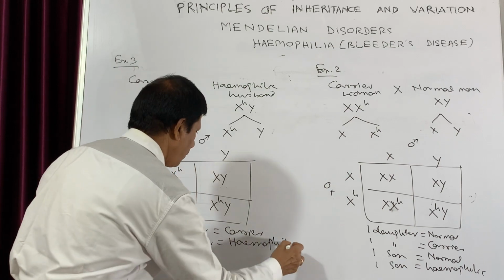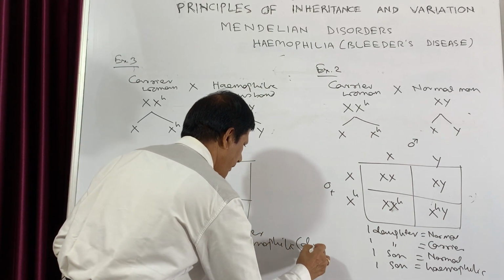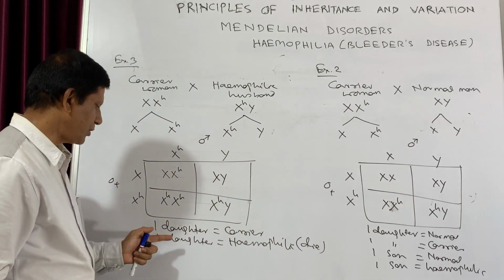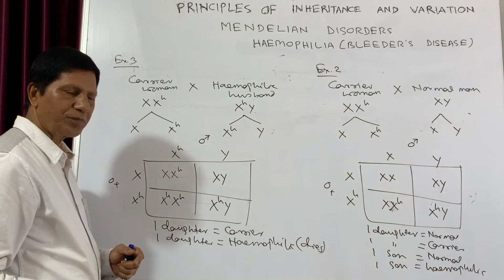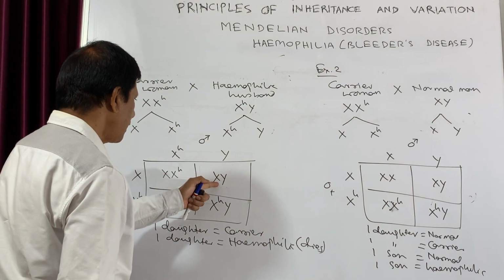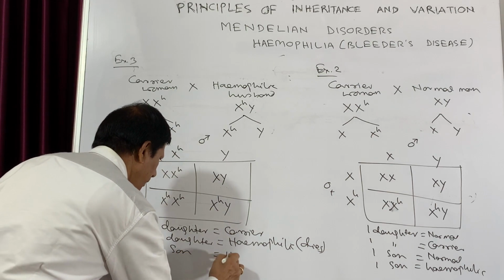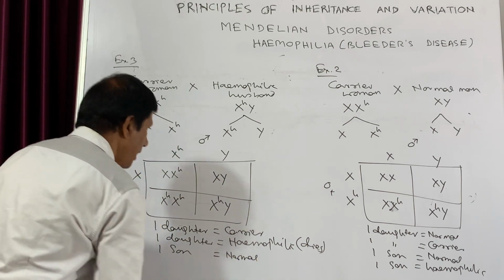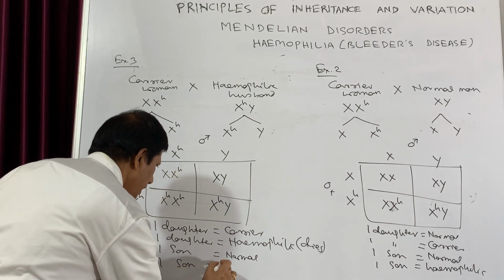So when one daughter is hemophilic, this daughter will die because it is lethal. Then what about this son? This son is normal. One son normal. And what about this son? This son is hemophilic.